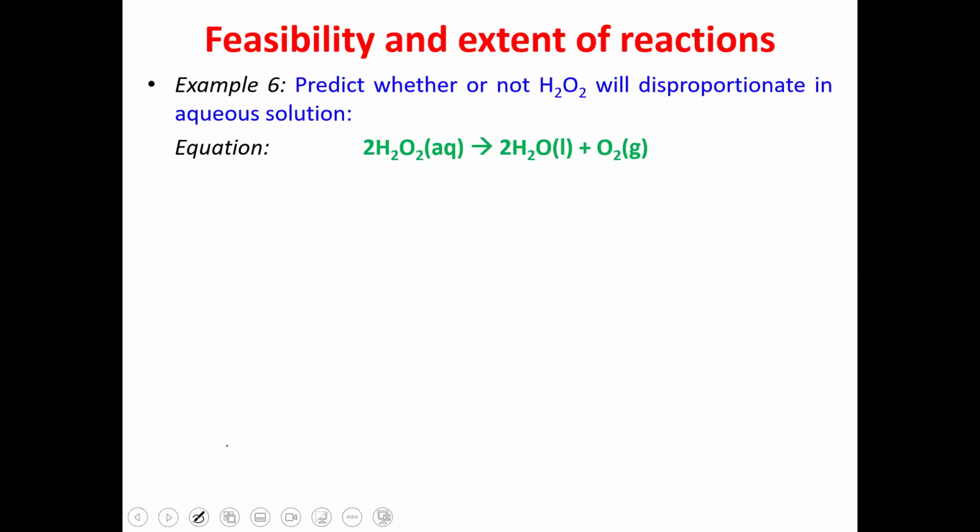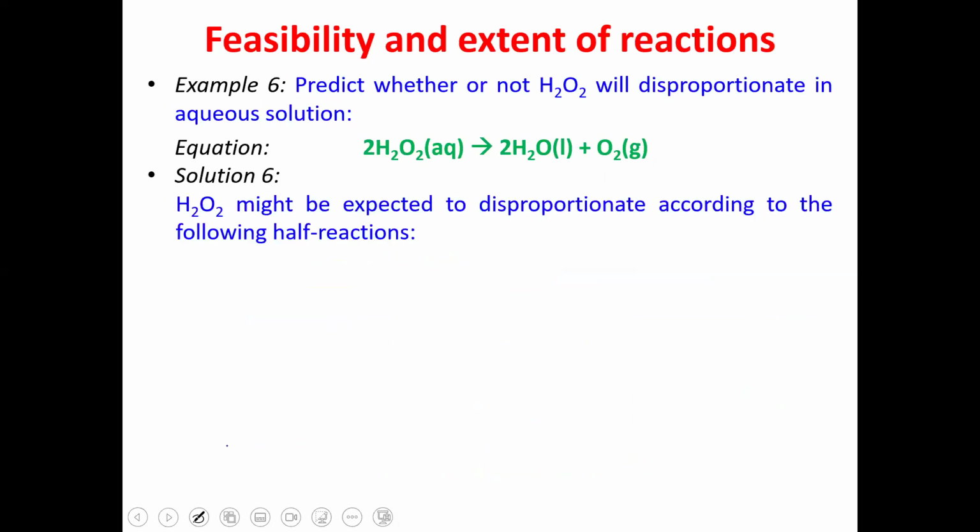Do you remember what disproportionation was in the context of oxidation number? Where one species is oxidized and reduced simultaneously, according to the following half equations.